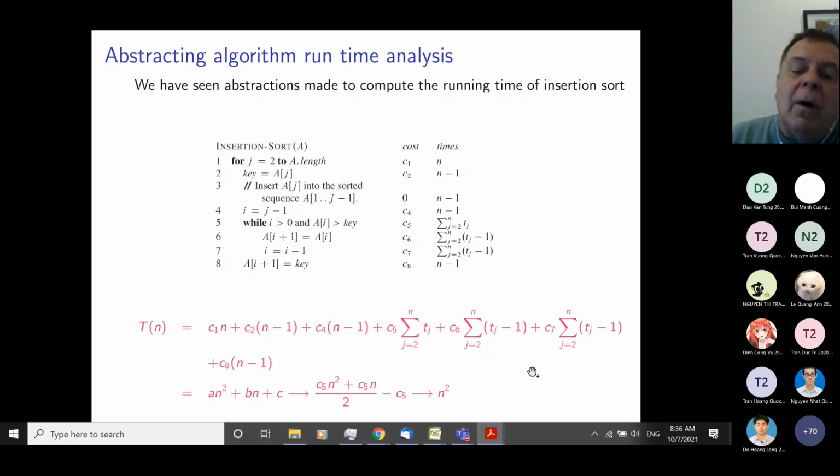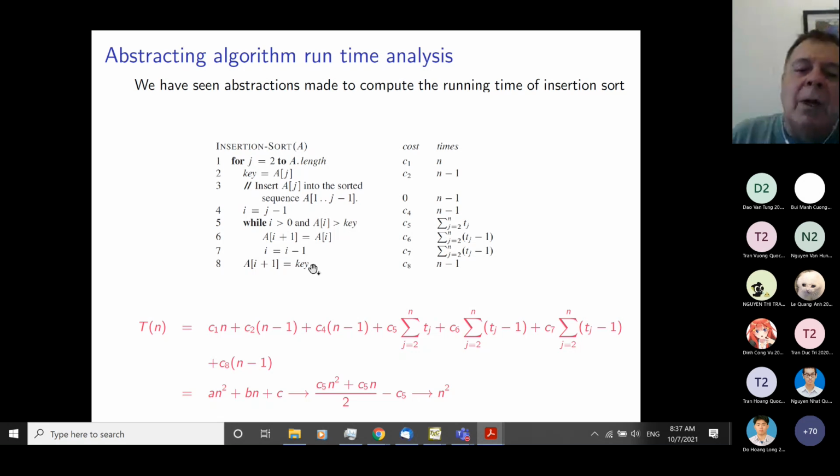Okay, so we conclude that we can represent the running time of an algorithm by just keeping the dominant term of the expression that describes how many times the basic instruction that is executed the most often is executed.